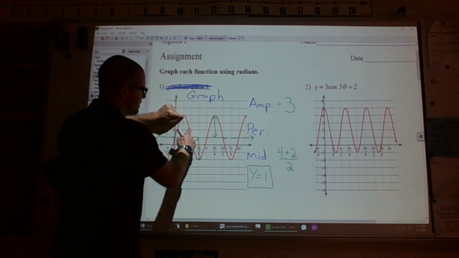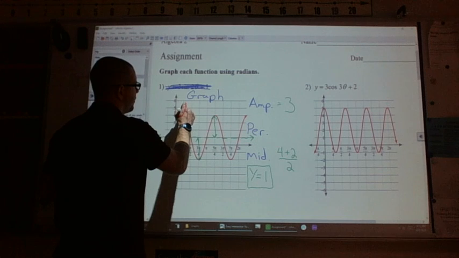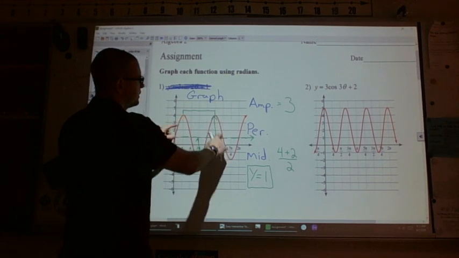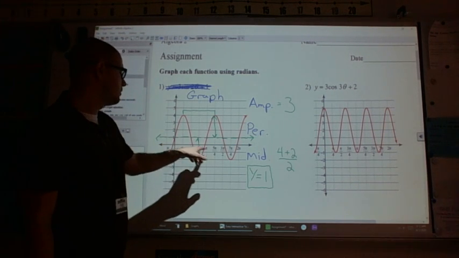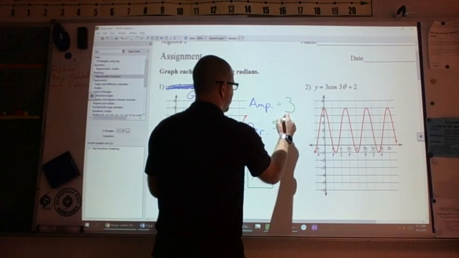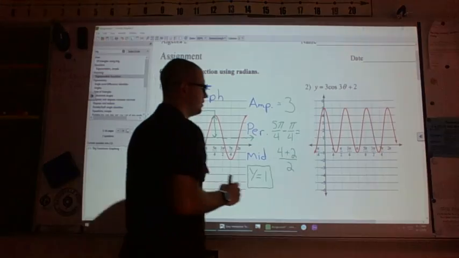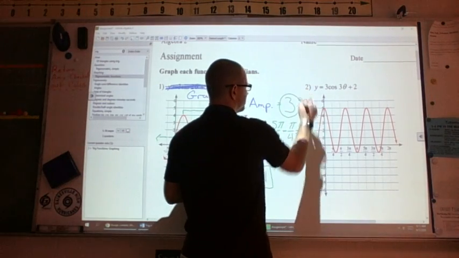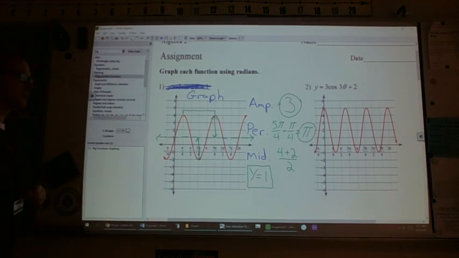And look, if I trace that, how long does it take for this graph to repeat itself? It's going to be right there. That length is how far I have to go until the graph starts to repeat itself, which is from pi over 4 to 5 pi over 4. And so I would just subtract those. 5 pi over 4 minus pi over 4 is just 4 pi over 4, or pi. So the amplitude is 3, the period is pi, and the midline is y equals 1.